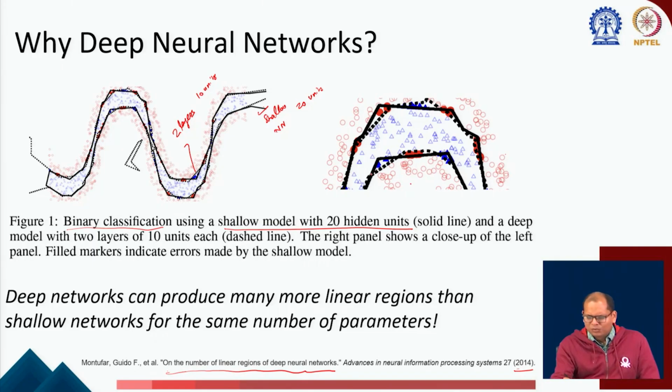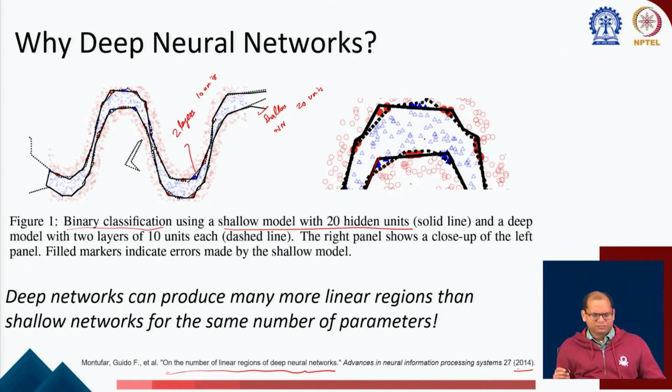The solid curve gives much fewer regions than the dashed line, so the dashed line looks like a much better fit, with the same number of parameters. A deep neural network is able to give you many more regions than a corresponding shallow neural network. Even though you can increase the number of units in the shallow network to make it look similar, it is more efficient to model it using a deep neural network.